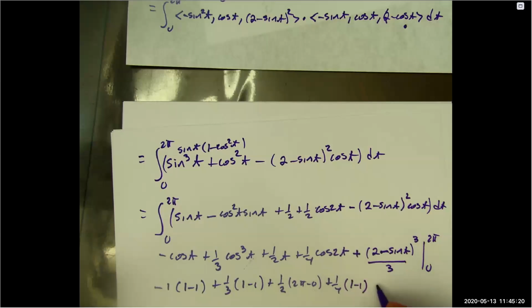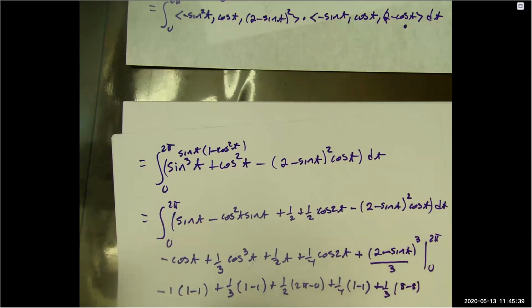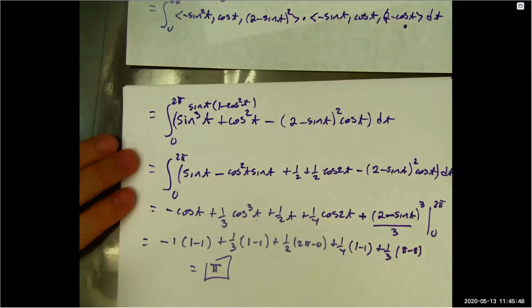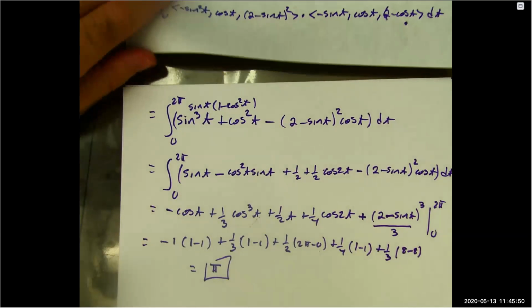And for the last one, I'm going to get 1/3, and when I put in the 2 pi, I just get 0. So I'm going to have 1/3 of 8 minus 8, which is 0. So all in all, I just get pi. But I think you would agree that the first way would be easier than the second way. What do you think?